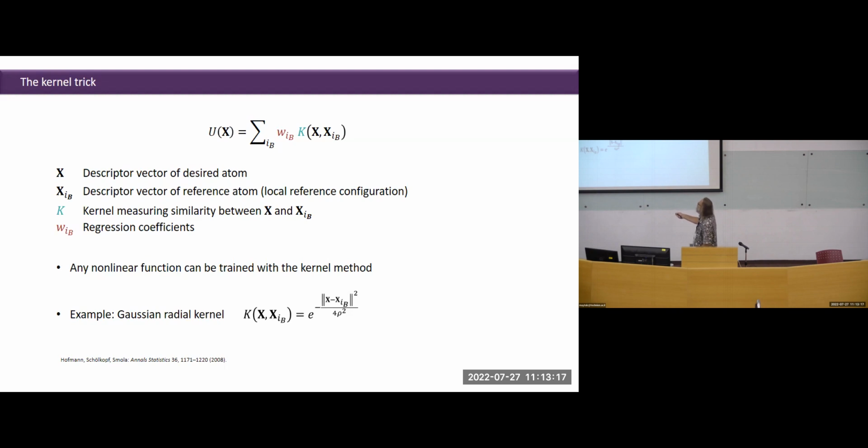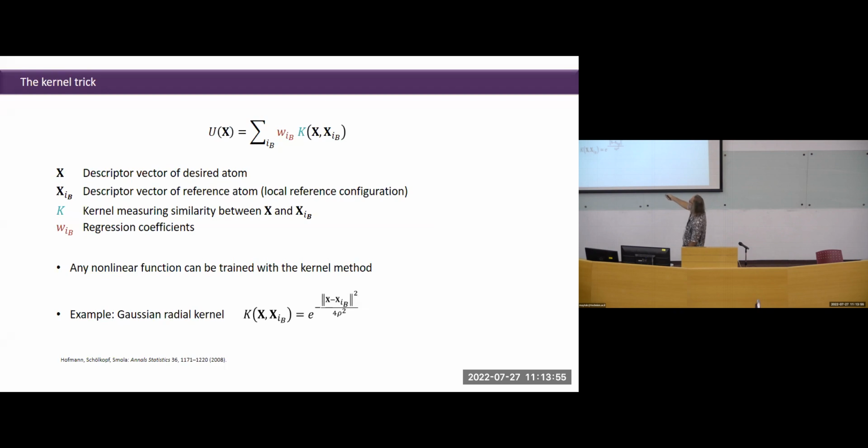Anyway, the kernel trick is that you introduce a so-called similarity kernel. If I want to know the local energy around my atom, I have a descriptor vector of a certain atom, and I evaluate this similarity kernel. I measure the similarity between my local environment in question and a set of reference local environments.